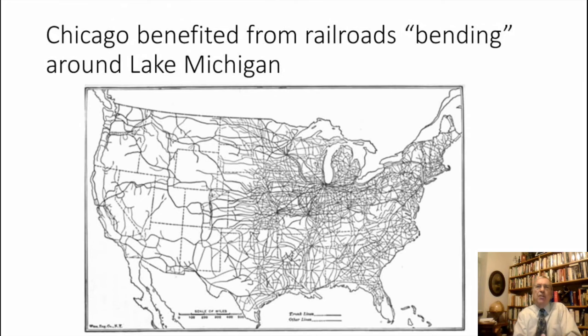And two people in Chicago in particular, Swift and Armour, which are still big major names in the packaged meat business, were the first to utilize refrigerated boxcars and start processing the meat in Chicago, shipping refrigerated meat east rather than shipping the animals themselves.